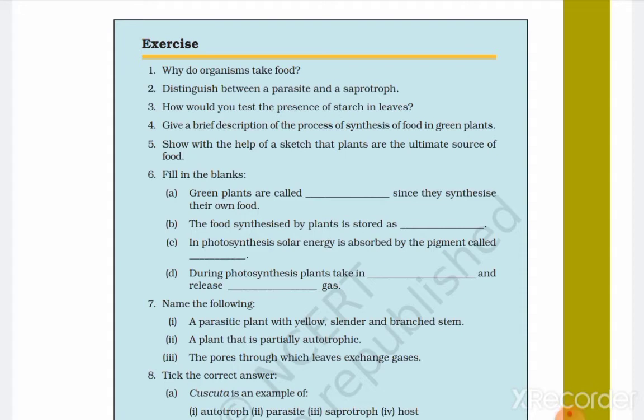hydrogen and oxygen. The oxygen is then released from the stomata, and the hydrogen is mixed with the carbon dioxide to make carbohydrates.